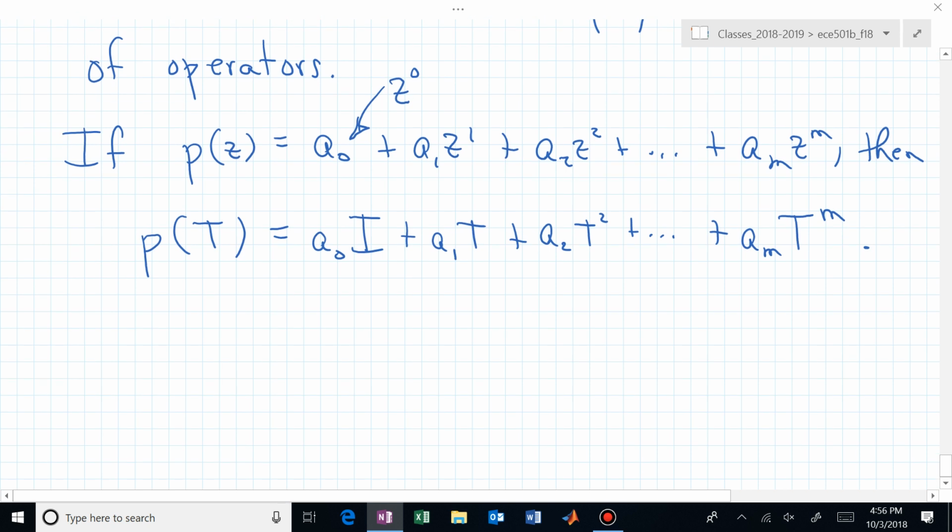And once we have polynomials, then we can start building nice little functions.